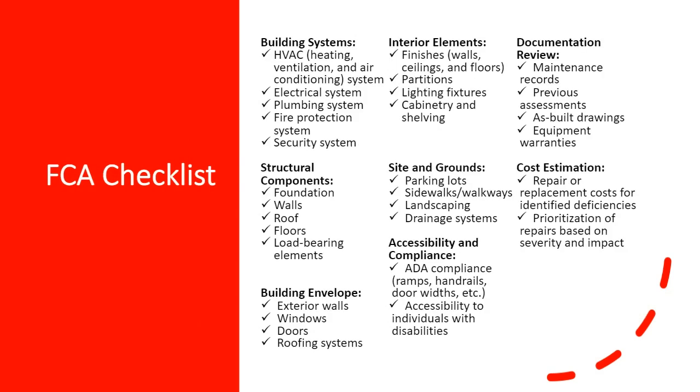It's building systems, so HVAC, electrical, plumbing, etc., but also interior elements, finishes, walls, ceilings, floors. Document review: looking at the records for your maintenance, previous assessments that you've done, your drawings, also your warranties, what's under warranty, what's expired.